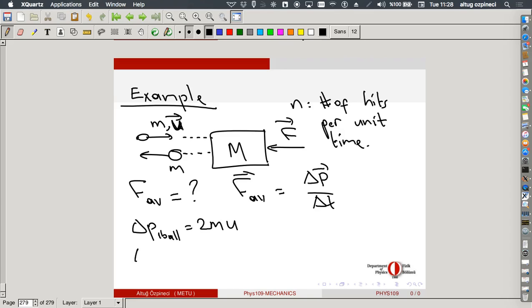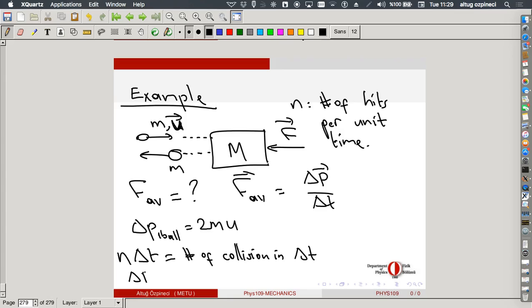Let's say in a time delta t, how many collisions are there? N times delta t. This is the number of collisions in delta t.